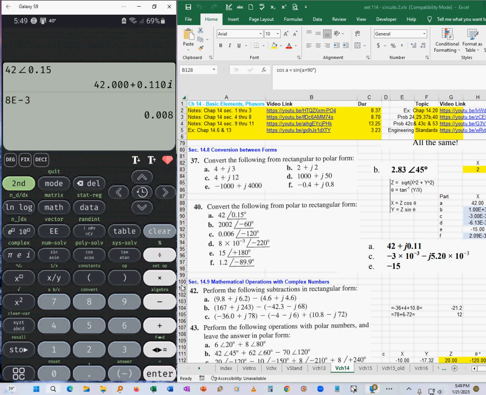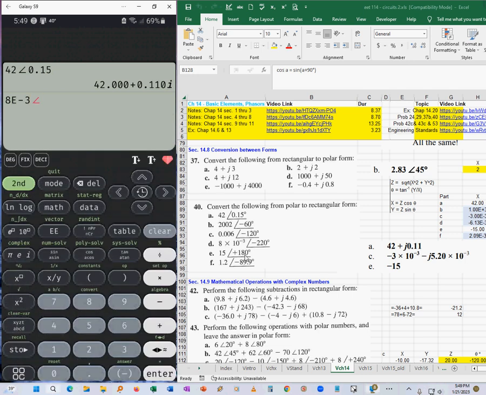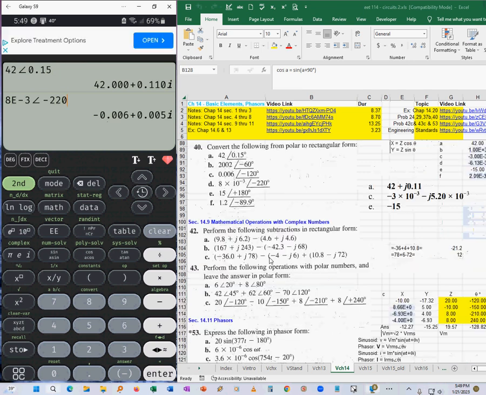Then go into the angle and put -220 in there. And there it is in rectangular coordinates. Minus 0.006 plus 0.005 I.